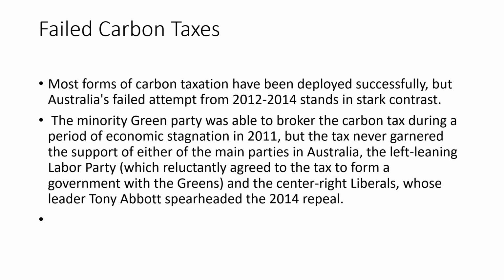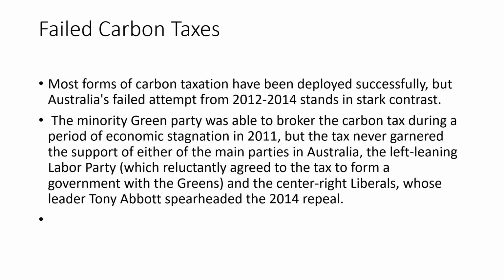Coming to failed carbon taxes, we could see that there have been different forms of carbon taxation, and these have been considered to be successfully adopted by many countries. We have seen how Sweden has adopted it, how Norway has adopted it, etc. But Australia has failed with respect to the implementation of this particular taxation from 2012 to 14.